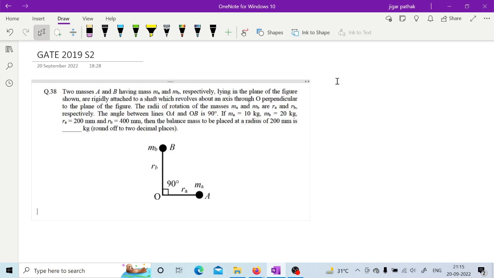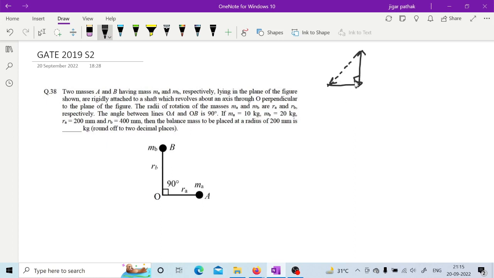See, these are very simple questions in comparison to what we have seen. Omega will cancel out here also. See here, if you think of the force polygon, then A will be in this direction, at point B it will be in this direction, so the resultant will be like this, right?